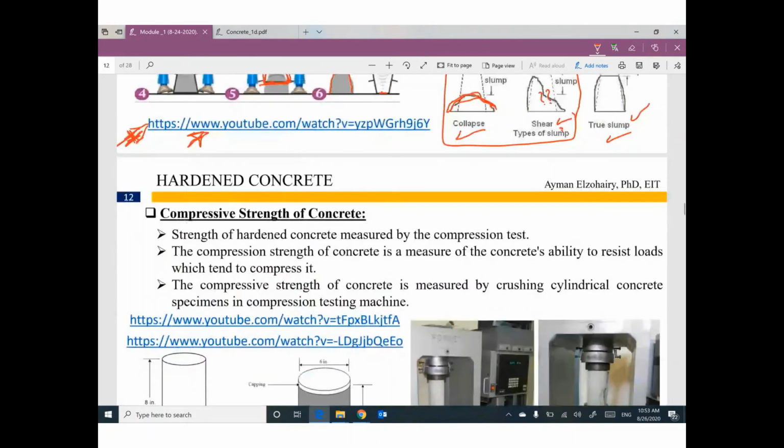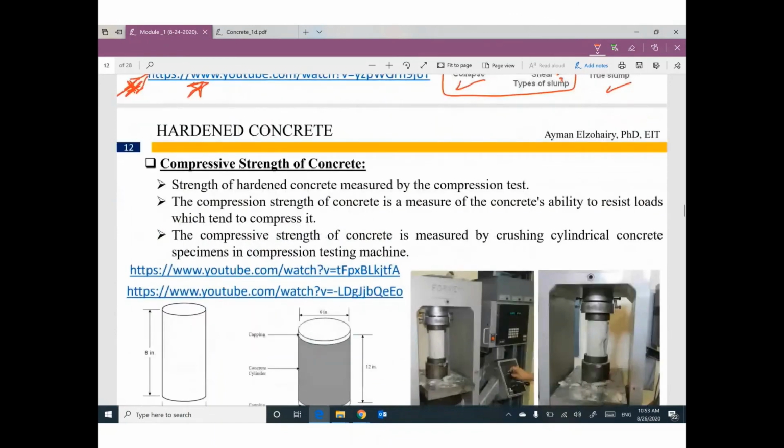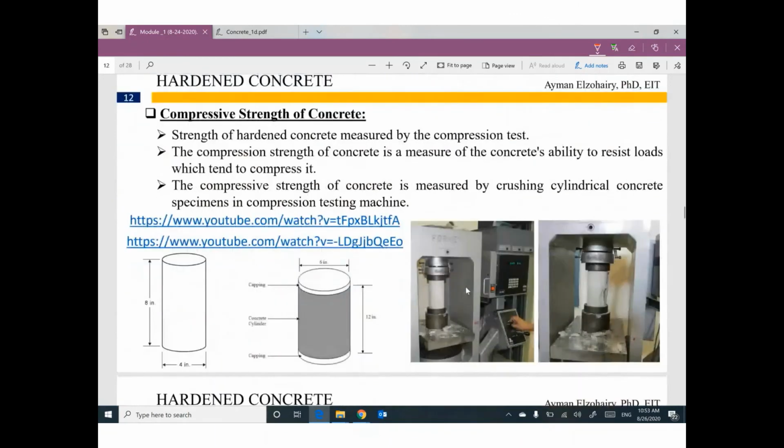After concrete is hardened, very hard, probably after 28 days, I can judge the concrete strength by something called the compressive strength test, or compression test.